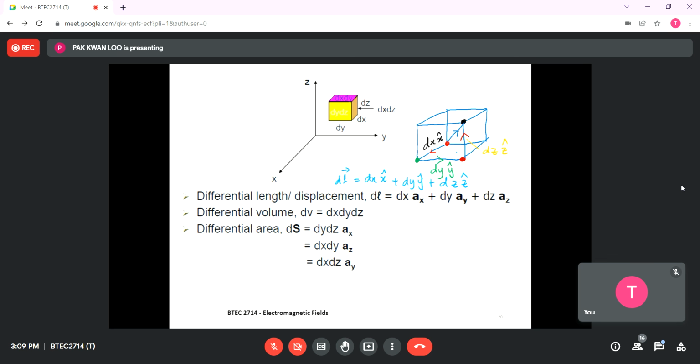So when we refer to a certain differential area, we always associate that area. Let's say, for example, I shade this area here. This area here is dx multiplied by dz, right?